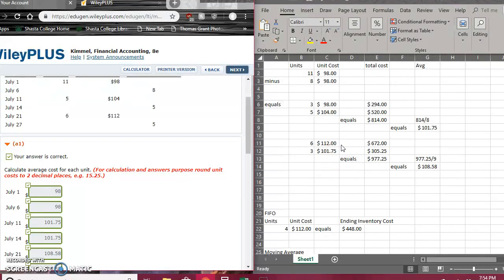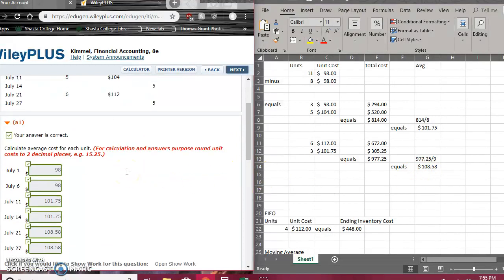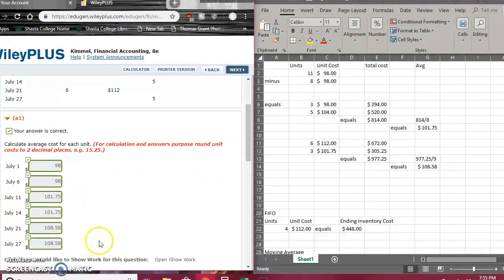So we add those totals together, which are right here, and that equals $977.25. Then we divide by the total units we have, which is 9. We get that from 6 plus 3, and that equals $108.58. So that's going to be our average cost for the last 2 dates.